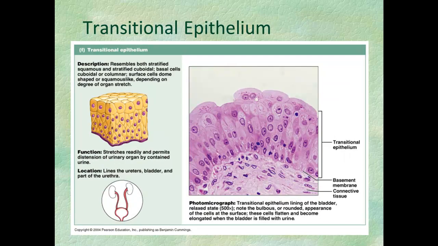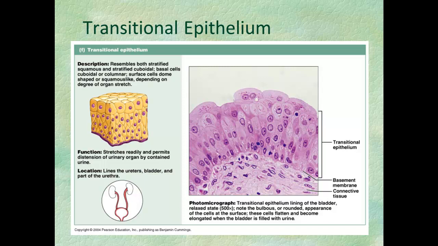The next epithelium we're going to talk about is transitional epithelium. Transitional epithelium, as the name implies, has the ability to change its shape. Transitional epithelium is most commonly associated with the linings of the urinary system, particularly the bladder and the ureters.